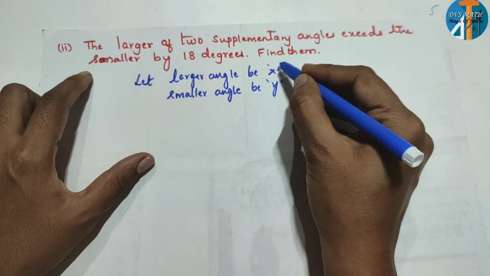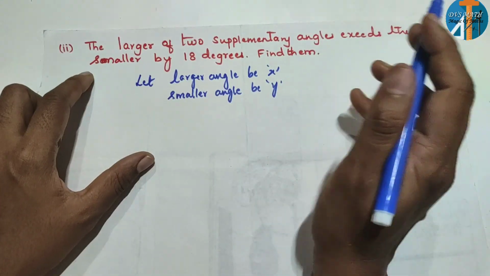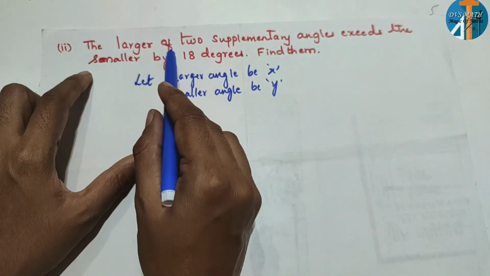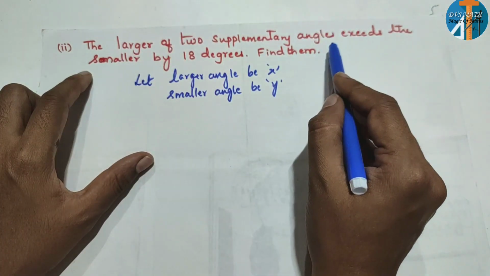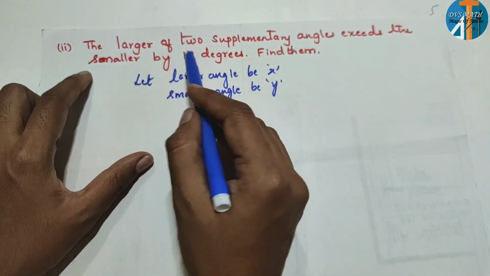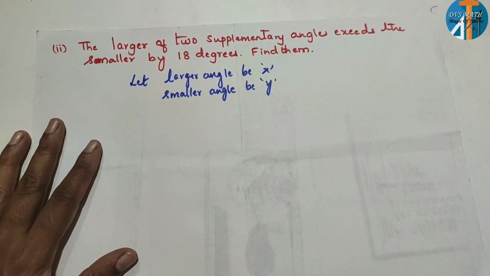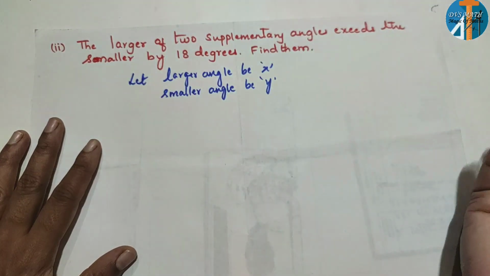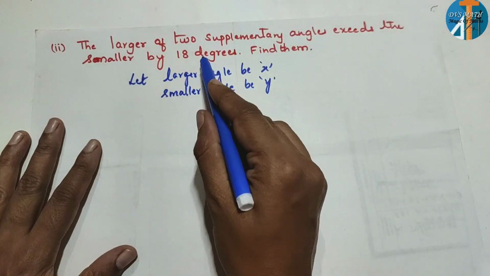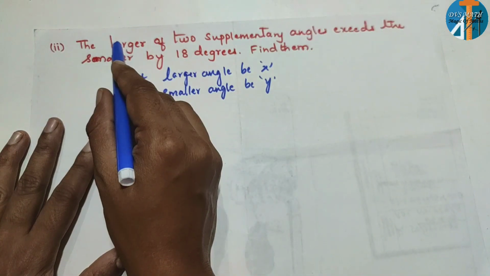You can consider x degree or y degree, like that. Then they are saying the larger of two supplementary angles exceeds the smaller by 18 degrees. Exceeds means increases, or more. That means the smaller angle increased by 18 degrees will be equal to the larger angle.